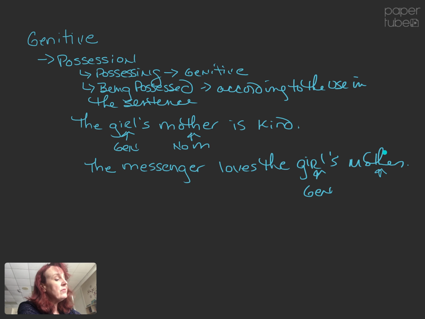But now the mother is not the one verbing. It's not the one loving. The mother is the noun that is being verbed. And the being verbed noun is our direct object. So we would use accusative for the mother noun. So even though our genitive stays the same, our mother will go from nominative to accusative because of her role in that sentence.